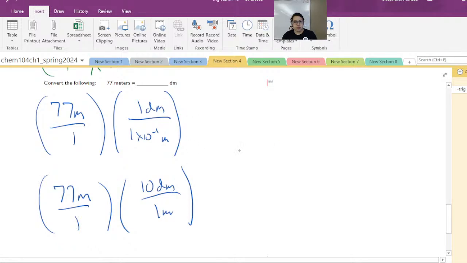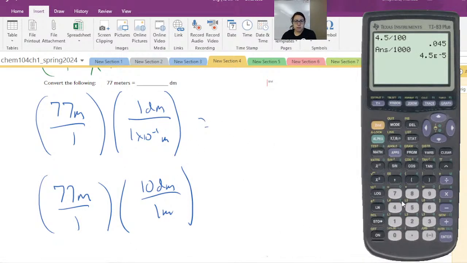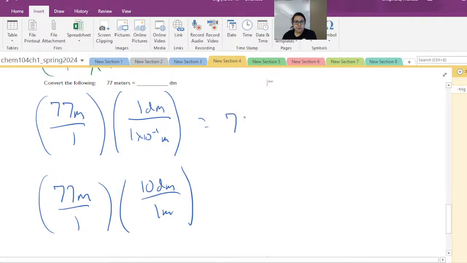Again, equivalent, and we can plug it into the calculator so everyone is satisfied. 77 divided by 1 times 10 to the -1 gives us 770 for our answer. And the same thing on top, if we use the positive number conversion factor, still gives us 770 decimeters.